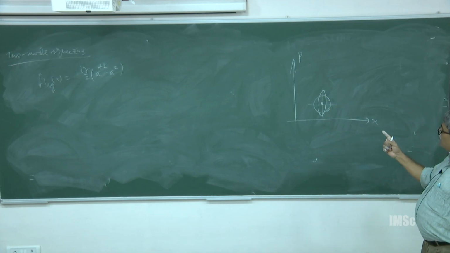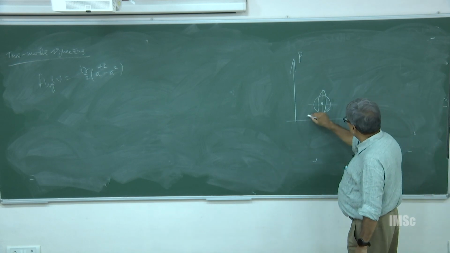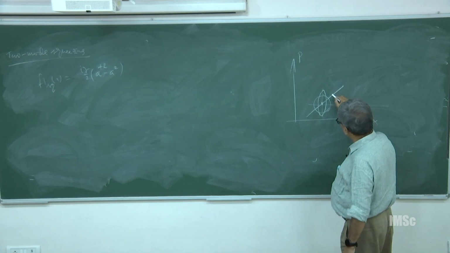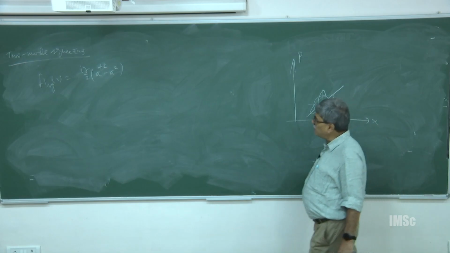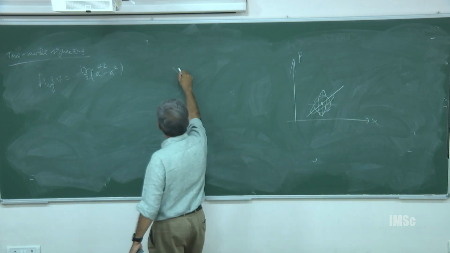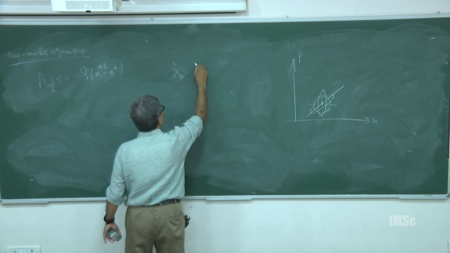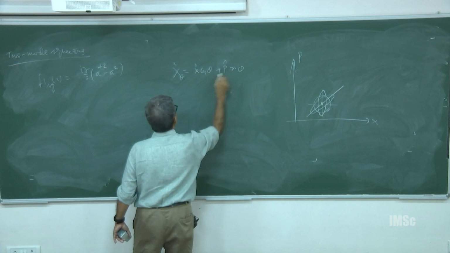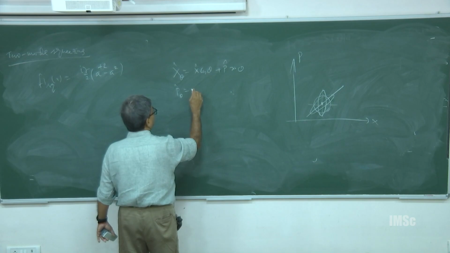But this is not very special about the quadrature. You can do squeezing in any direction. So here also you will have a similar thing. For example, you can take your x theta, which is x cos theta plus p sin theta, and p theta is equal to, what should be this one?